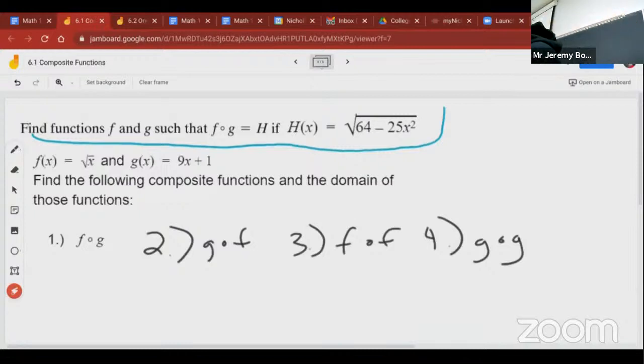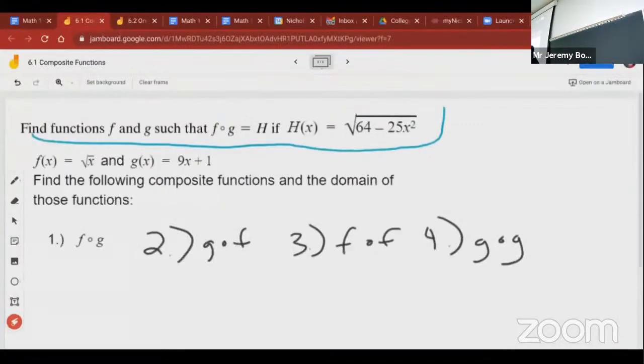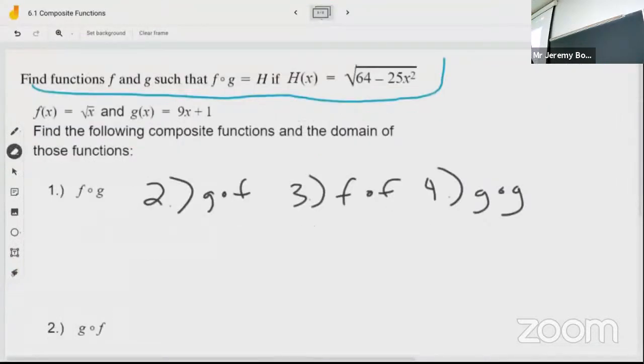We want to find the following composite functions and the domain of those functions. So you've got f composed with g, g composed with f, f composed with f, and g composed with g. So give those a shot, and get your brain warmed up, and then we'll go over them.